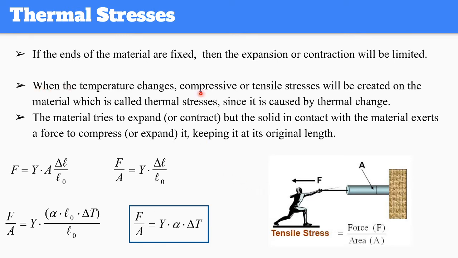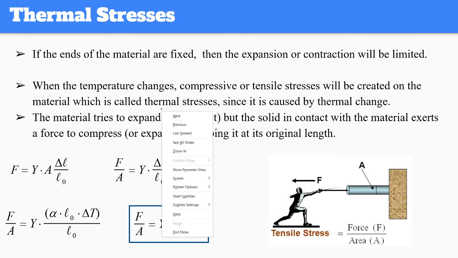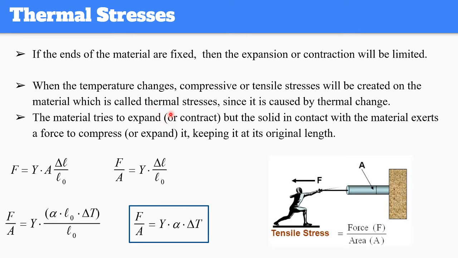When temperature changes, compressive and tensile stress will be created on the material, which is called thermal stress. When you try to expand but it's not able to expand, it creates some force. That is known as thermal stress, and since it's caused by the thermal change, it's called thermal stress.